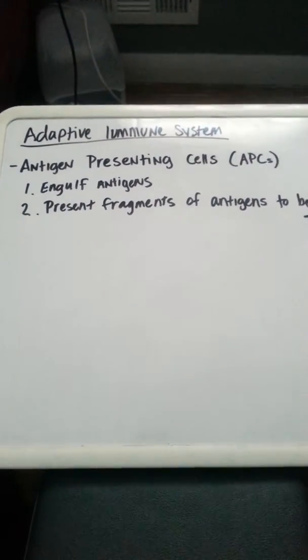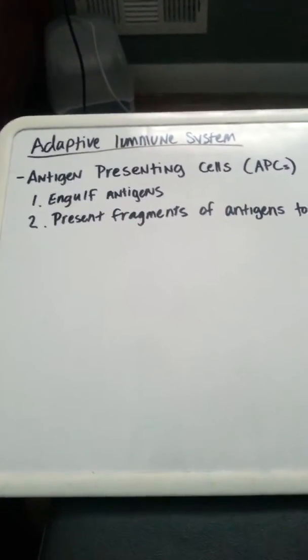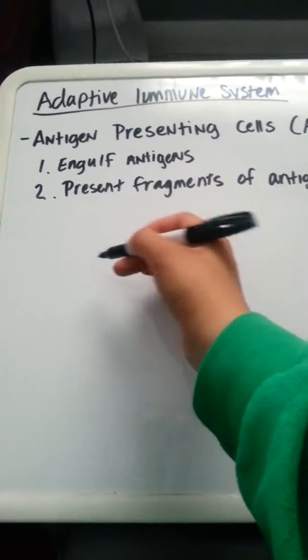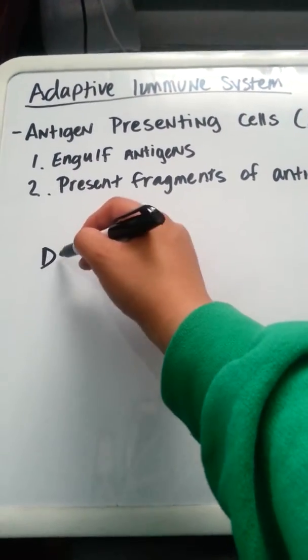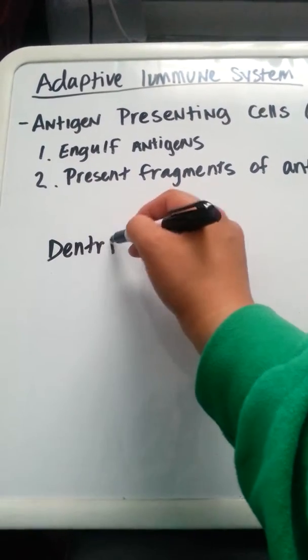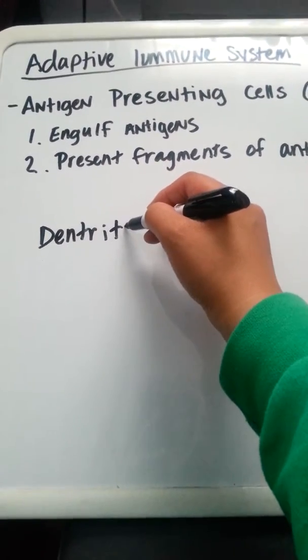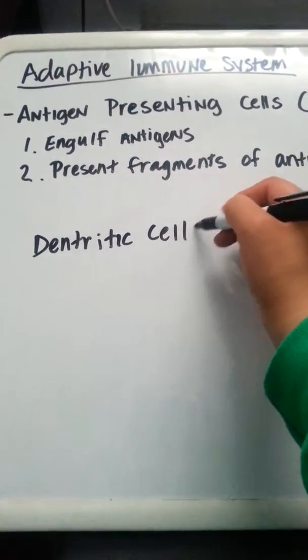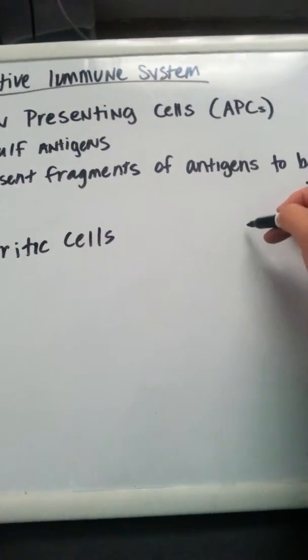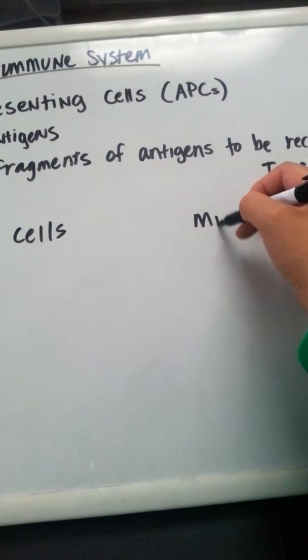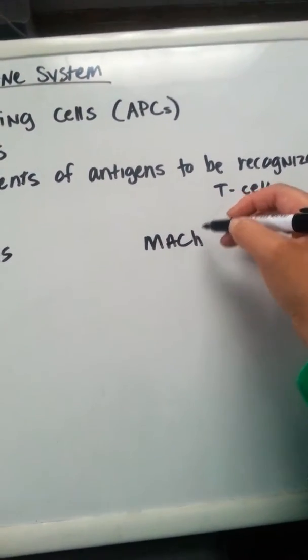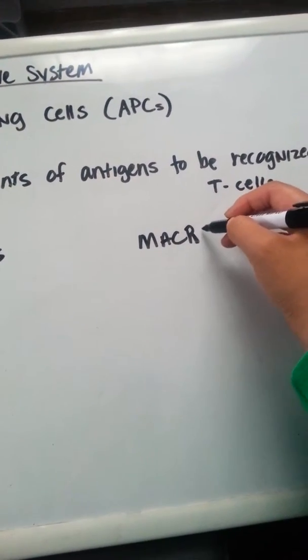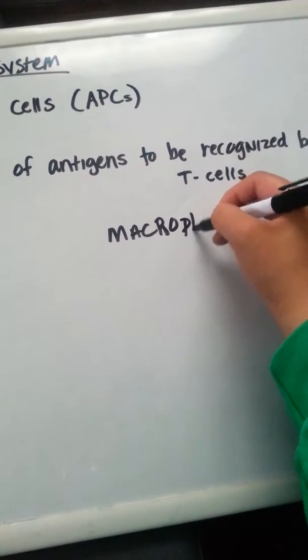Now, APCs are broken down into two major types. The two major types are dendritic cells and macrophages.